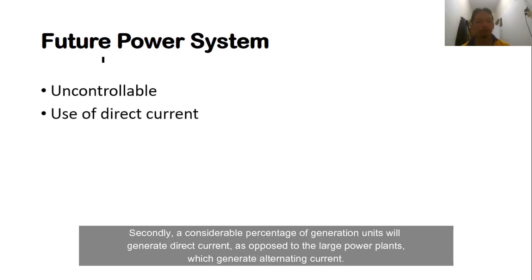Secondly, a considerable percentage of generation units will generate direct current or DC, as opposed to the larger power plants which generate alternating current or AC.